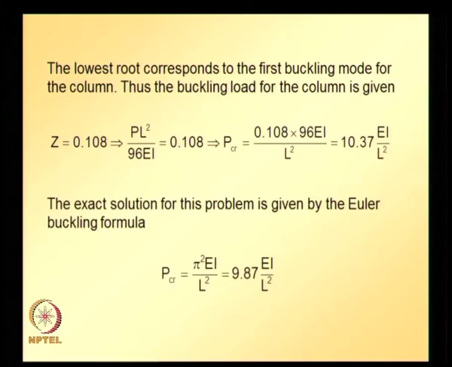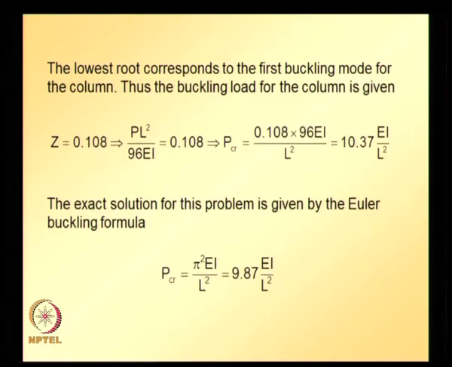The exact solution for this problem is given by P critical equal to pi square EI over L square, and pi square is 9.87, so 9.87 EI over L square. This is the theoretical value of the critical load for this column with pin end conditions.